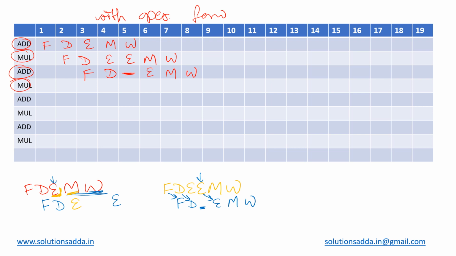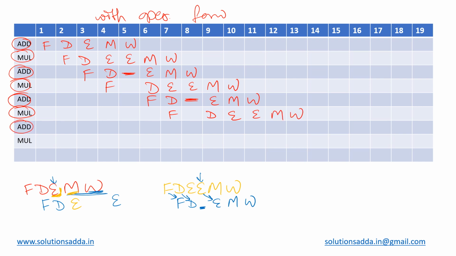Next, which is a MUL instruction, fetch it here, decode, execute, it will take 2 for that, memory access, write back. Next is an add instruction, fetch it here, decode, cannot execute here, so execute it here, then memory access, write back. Next is a mul, fetch, decode, execute for 2 cycles, memory access, write back.